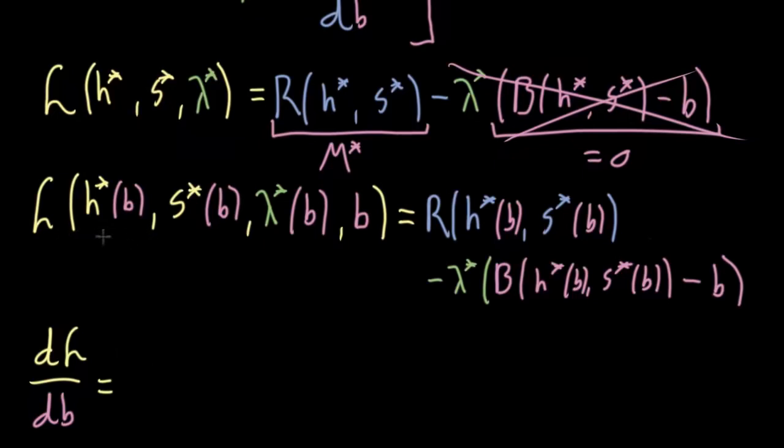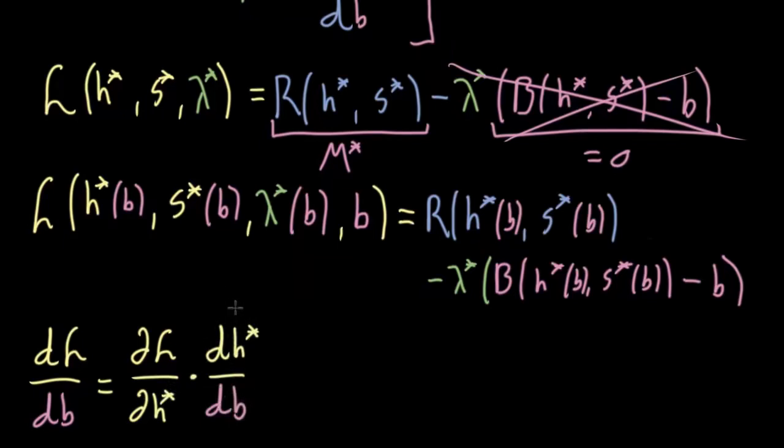So what we do is we look at the partial derivatives with respect to all four of these inputs. So we'll start with the partial derivative of L with respect to H star, and we're going to multiply that by the derivative of H star with respect to B. And this might seem like a very hard thing to think about, like how do we know how H star changes as B changes?